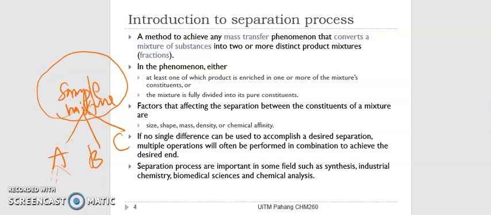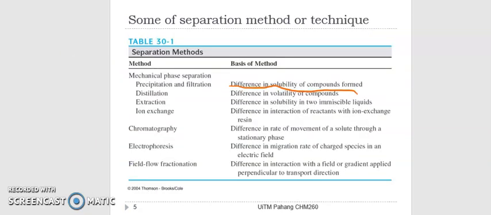So separation processes are important in some fields such as synthesis, industrial chemistry, biomedical sciences, and also of course in chemical analysis. Okay, so this is some of separation method or technique. Before we go to chromatography, kita tengoklah dulu sikit. So precipitation for mechanical phase separation, we have precipitation, also filtration.